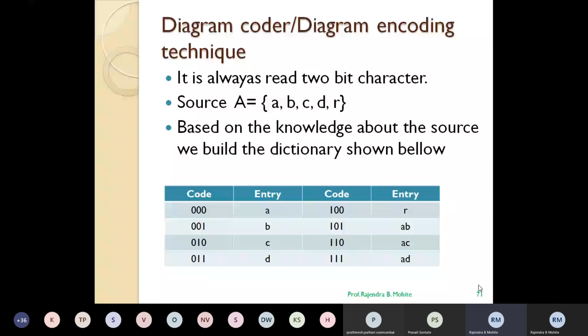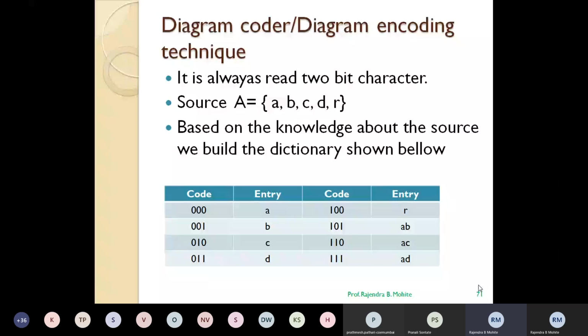So at the first place my entry is A. There are 5 alphabets, so to represent 5 alphabets I can use only a 3-bit code. That's why my code starts from 000 onwards. For A, I am representing 000.